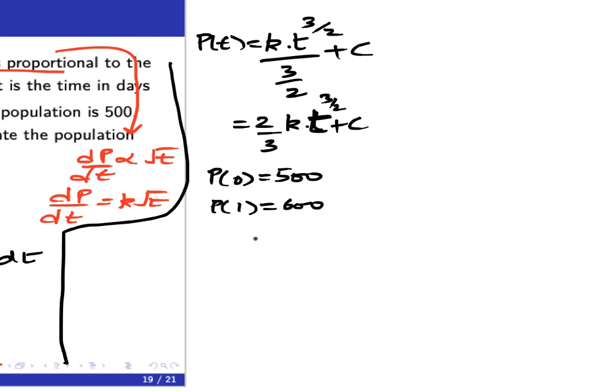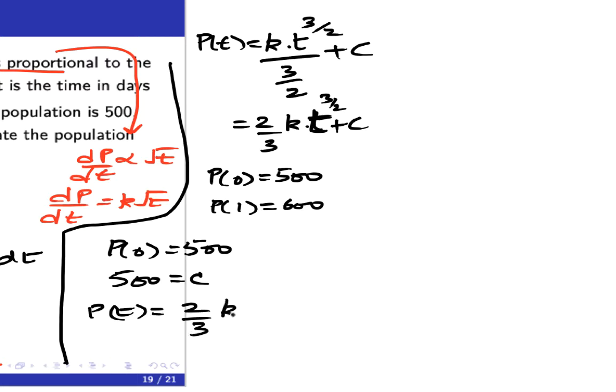So let's go ahead and plug in P of 0. When I say P of 0 is 500, what does that mean? Plugging it in, t is 0, and 0 to the power 3 halves is 0, so we get 500 equals c. My equation now is P of t equals 2/3 k times t to the 3 halves plus 500.